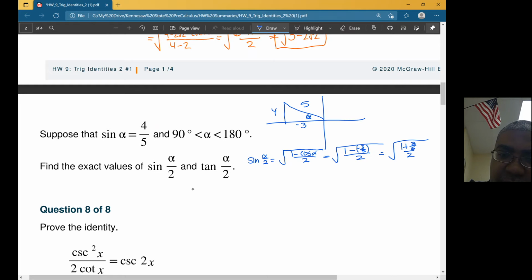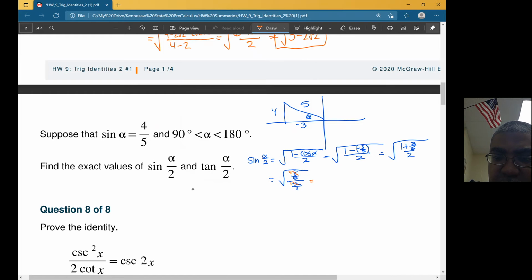So this is square root of 8 over 5 over 2. And let's say over 2 over 1 so we can see it. So the bottoms, we could cancel, but it's 5 over 1. There's nothing to do with that. For the top, 8 over 2 is the same thing as 4 over 1.